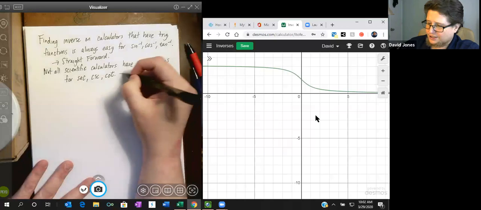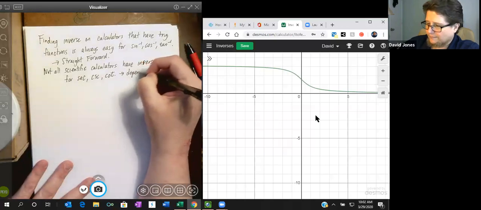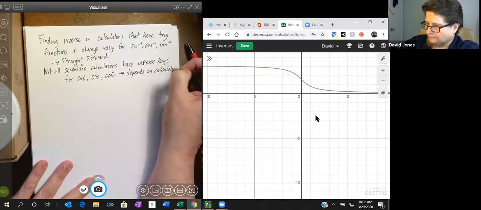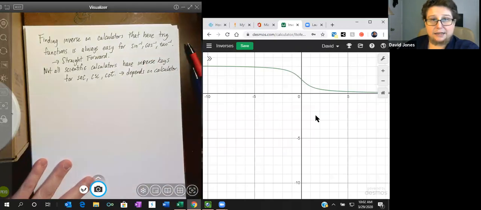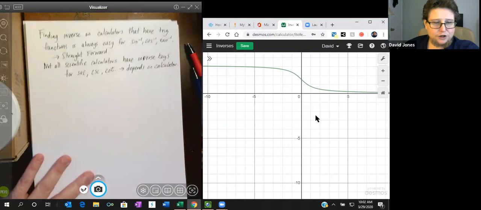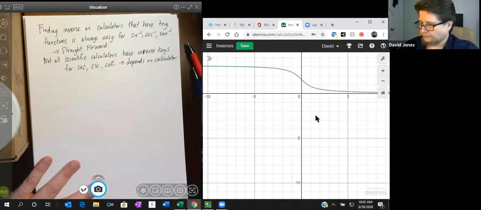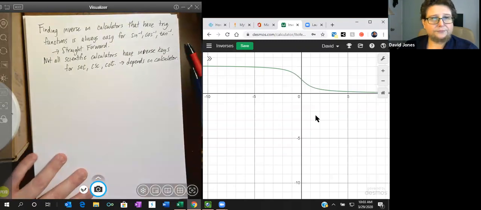This entirely just depends on the calculator. Mine doesn't have it. If yours has it, it's going to be easier. I'm going to show you how to do it on the ones that don't have it, because that's what I've got. Pause for a second, let you write that down.